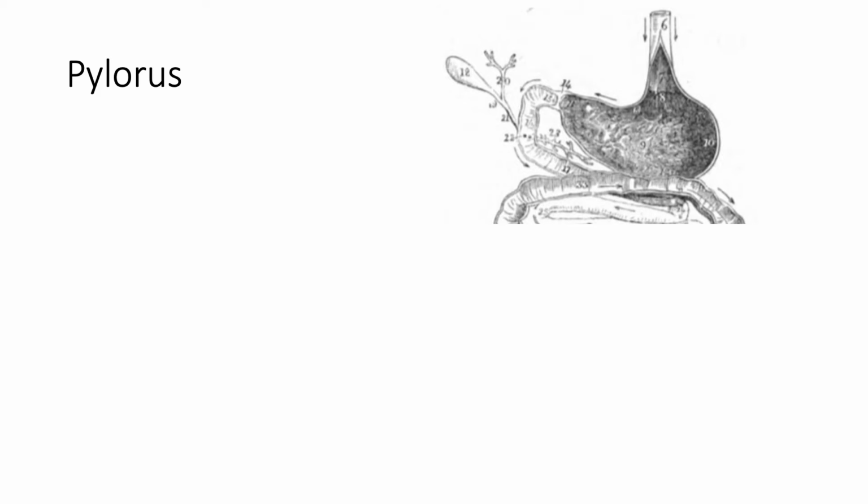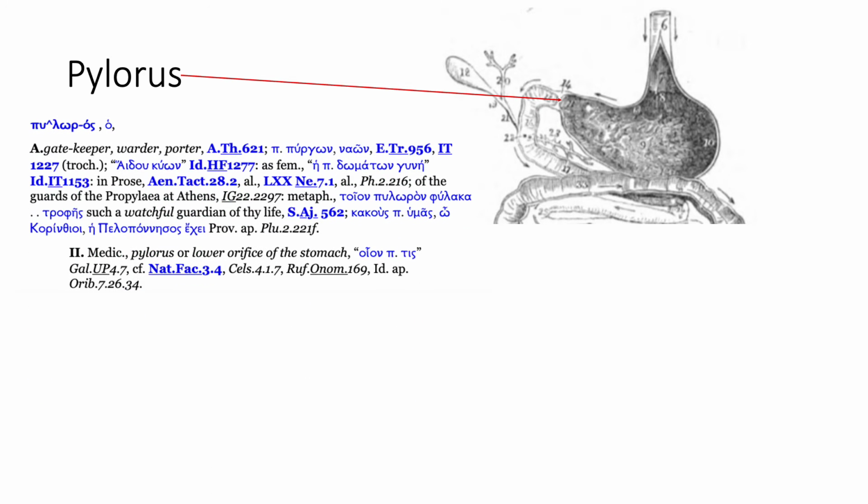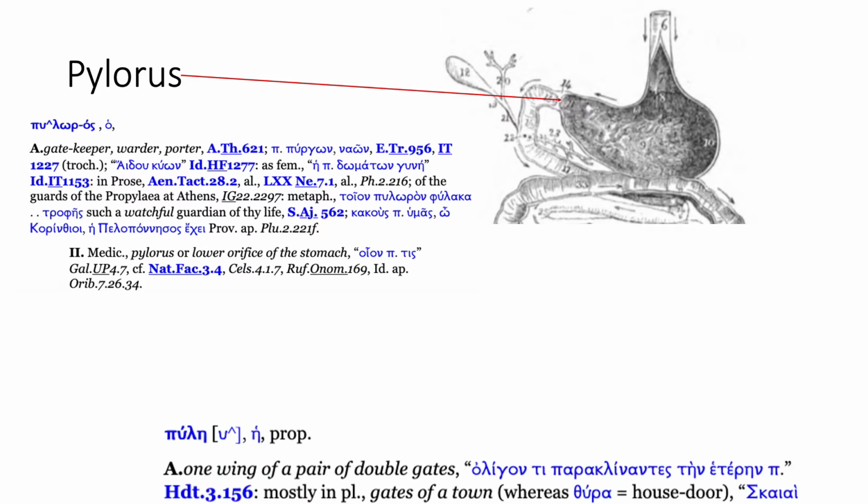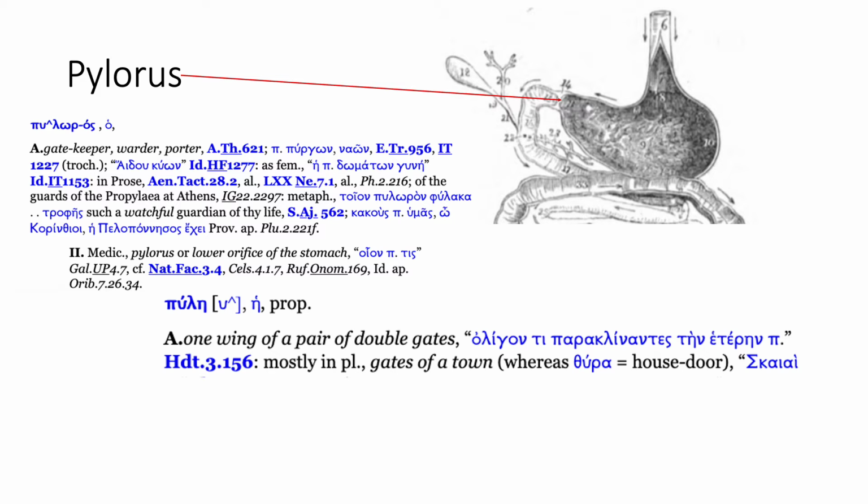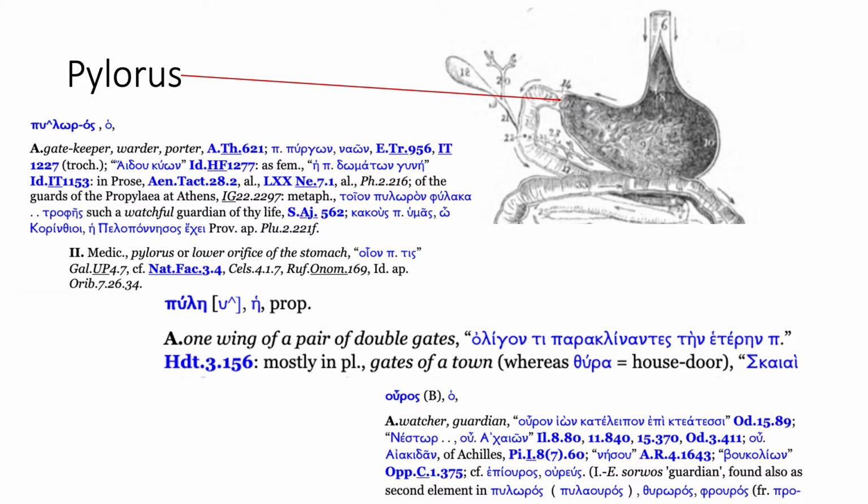The pylorus is the structure between the stomach and the duodenum, and it comes from the Greek word pylouros, which is gatekeeper or warder, W-A-R-D-E-R, and itself comes from two Greek words, pule for gate, and ouros, a watcher or guardian.